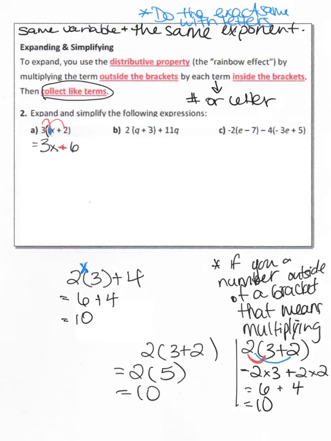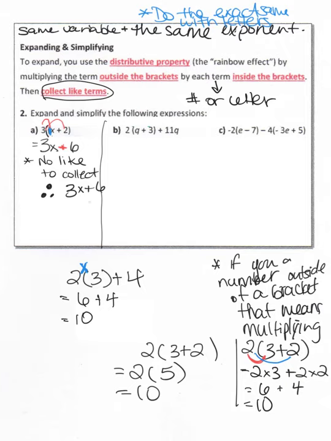So those don't have the same letters or the same exponents. So here, there are no like terms to collect. And what that means is that 3x plus 6 is my final answer.